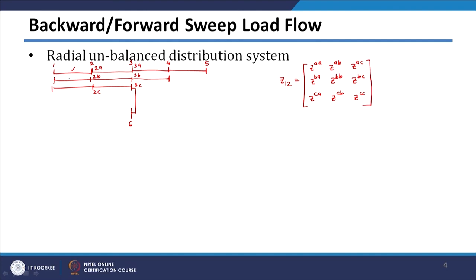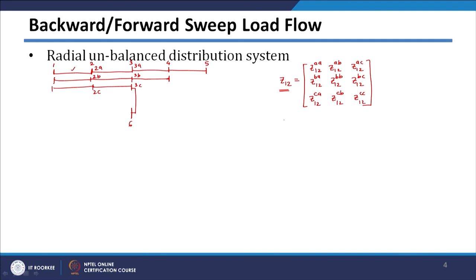Since these impedances are between node 1 and 2, I can write this as 1, 2. So all the impedances of 1, 2 will be like this. This is nothing but Z12, the impedance matrix between node 1 and node 2.